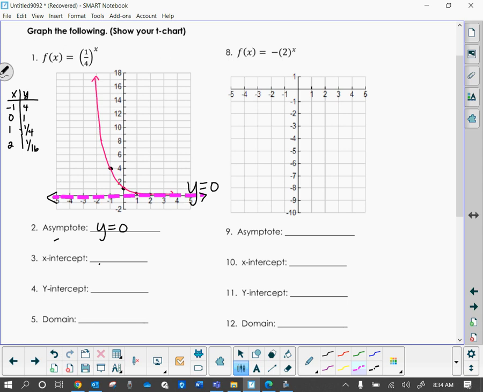Is there an x-intercept? No. So this would be no or NA. What's the y-intercept? 0, 1, right? What's the domain?